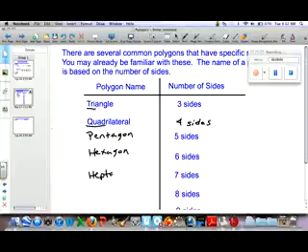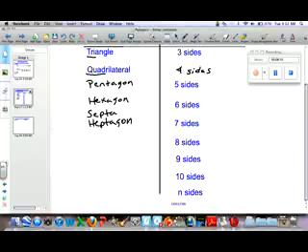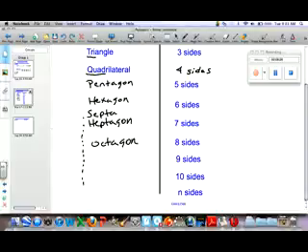So we have pentagon, hexagon. After hexa, then we have hepta, which, by the way, hepta could also be septa. One of the things I want you to do right now is, as we're going through here, I want you to pay very close attention over the next few of these. Here we go.